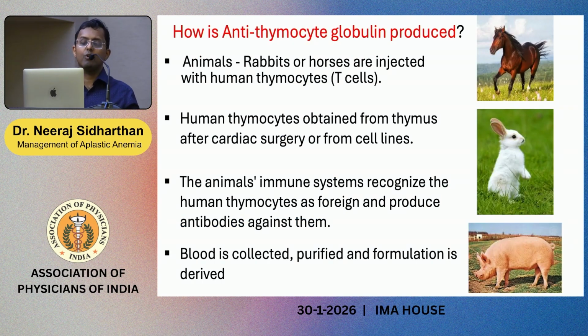anti-thymocyte globulin based therapy. This anti-thymocyte globulin is usually produced from rabbits or horses. The thymus is collected during cardiac surgery, and then this is injected into the animal, and they produce serum antibodies, and this is purified, and this formulation is there.